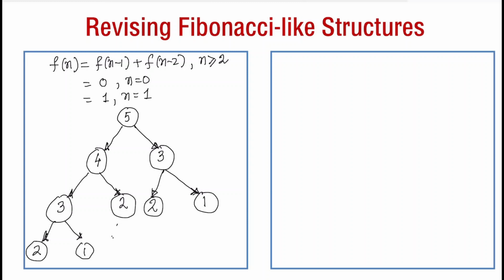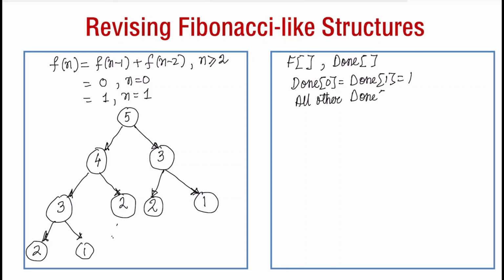And to solve for such identical subproblems, we decided to keep an array F, and we had the done array which indicated whether the value was already computed or not, and we designed all this in more detail before, where we set done 0 equal to done 1 equal to 1, all other done i equal to 0.